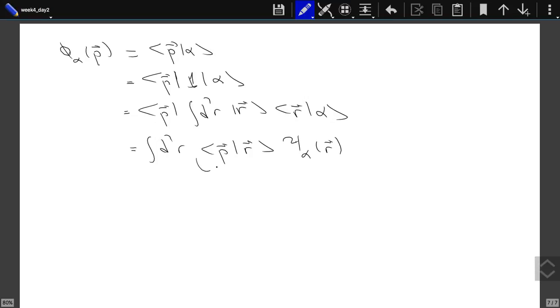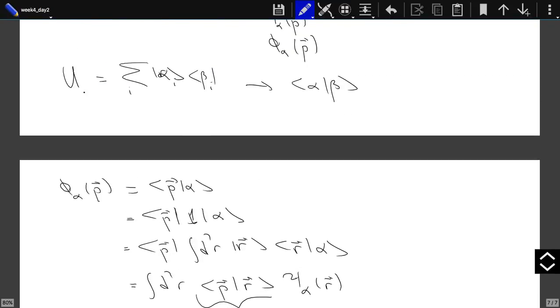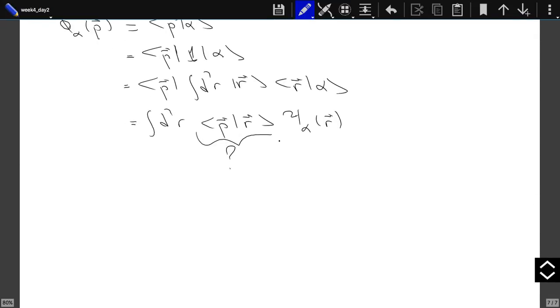Now the question is, what is this thing over there? If you compare it with our previous definition of the U and its corresponding matrix elements, it was just the inner product of the basis kets. Well, this is nothing but the inner product of our basis kets. So this is exactly the same.